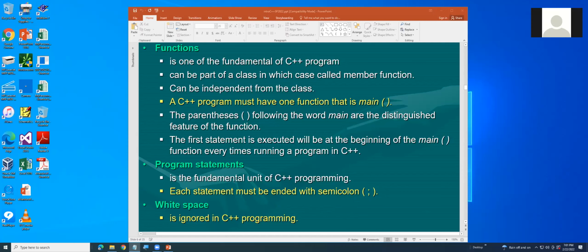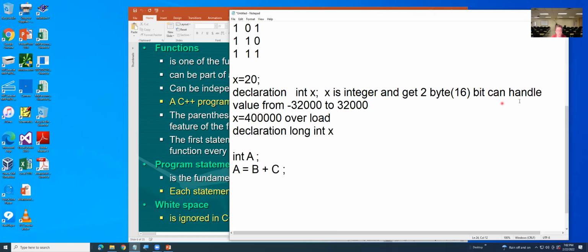Normally, if you typed A equal, and then you're supposed to type B plus C on another line, that would be a problem in some programs.